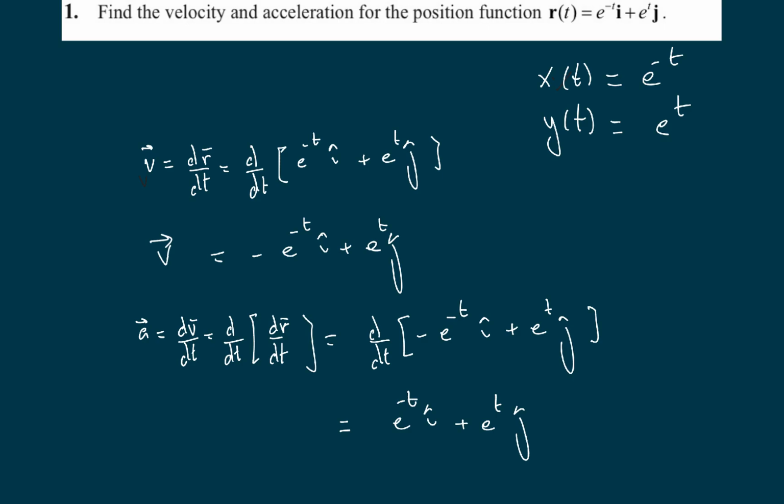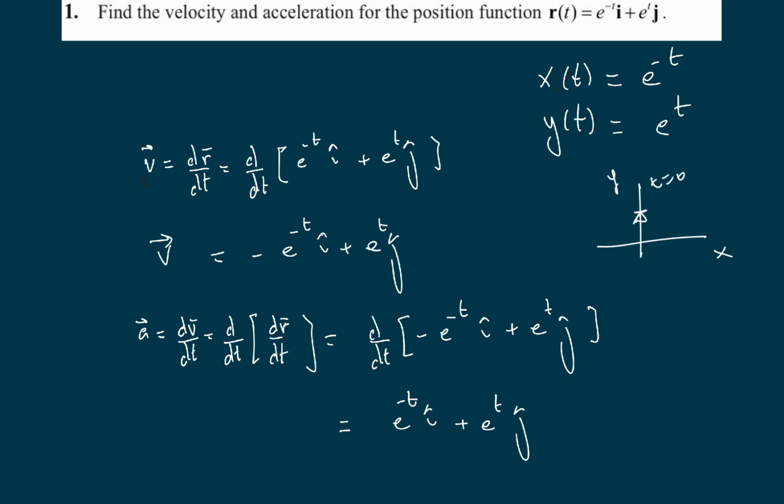For example, for t equals 0, the position has x equal to e to the 0, which is 1, this is the x, this is the y, and y is e to the 0, which is 1. So the vector position at t equals 0 is here.